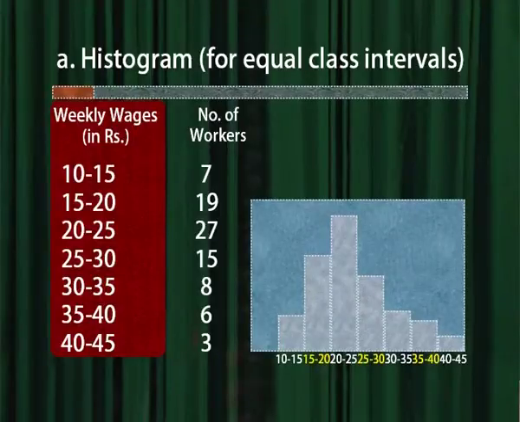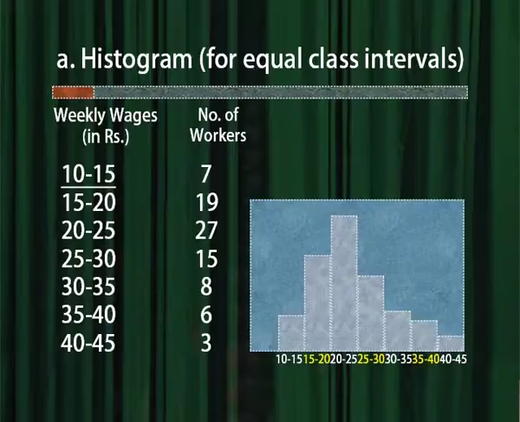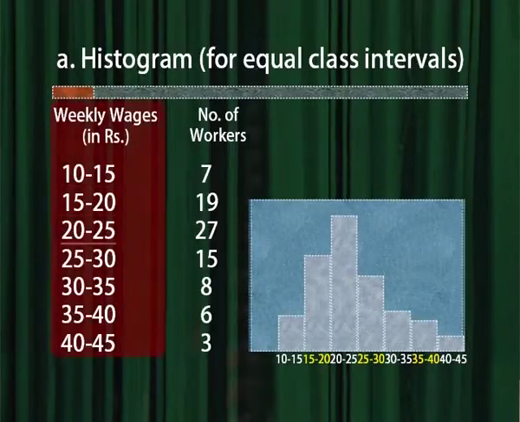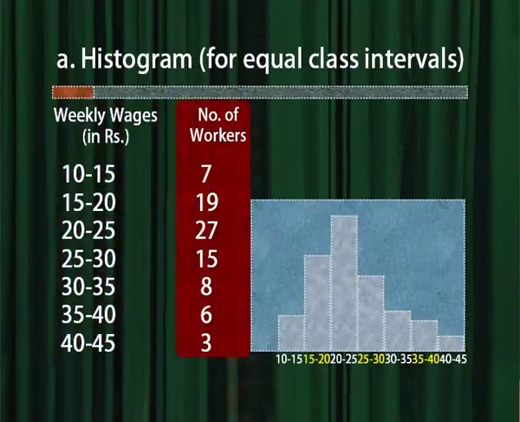Here we are given different classes which show the weekly wages, for example, between 10 to 15, 15 to 20, 20 to 25 and so on up to 40 to 45. So, here we have the continuous classes, and in the second column the frequencies of these classes are given.